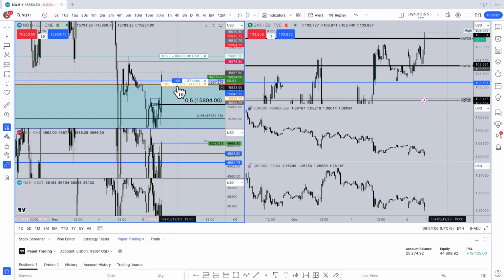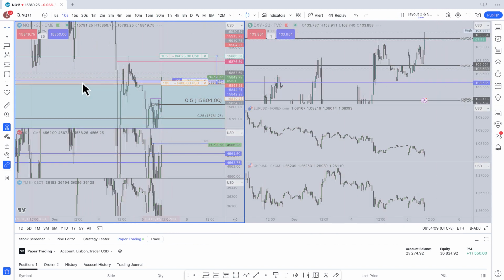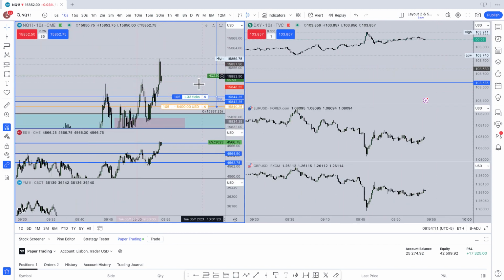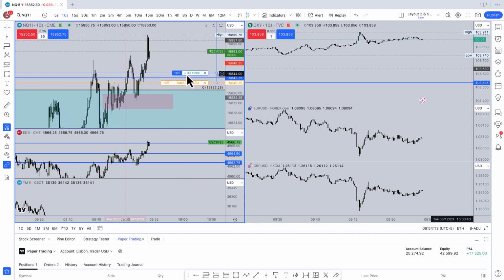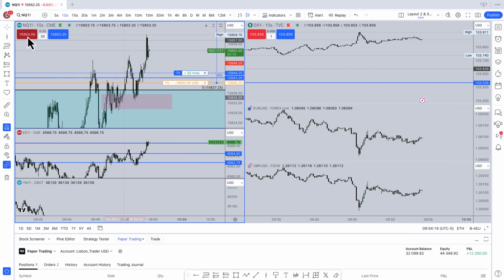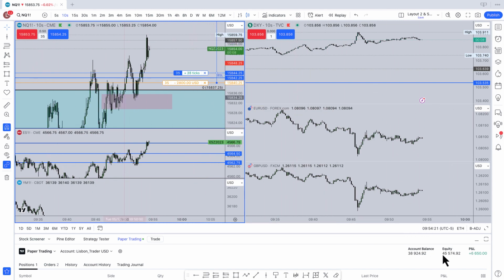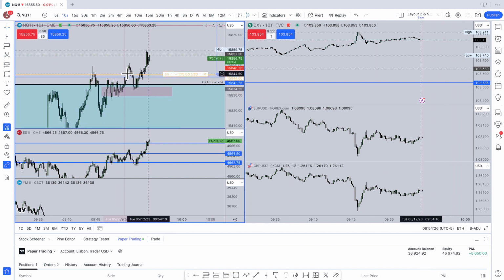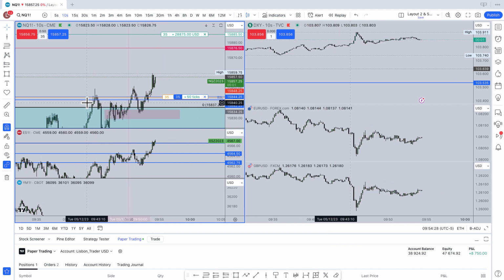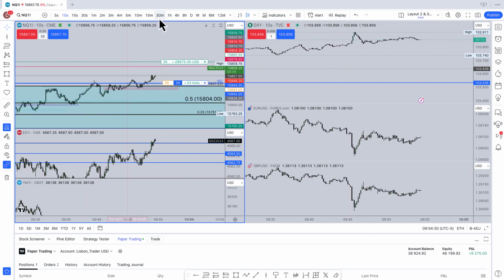So 85. So we can put some in equity. So we are at 34 balance. No, we are at break even. And let's let this ride.